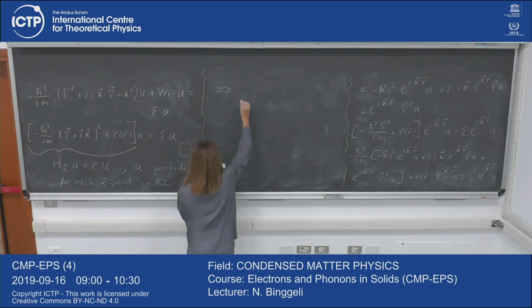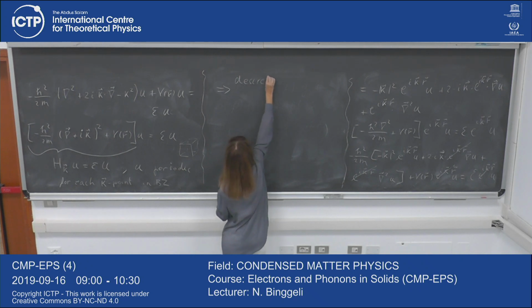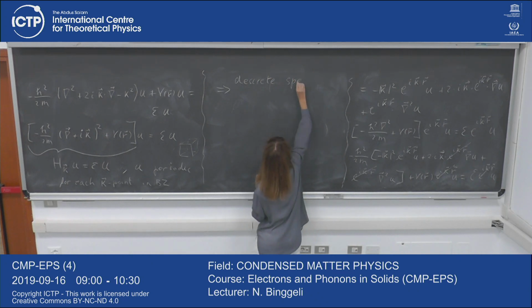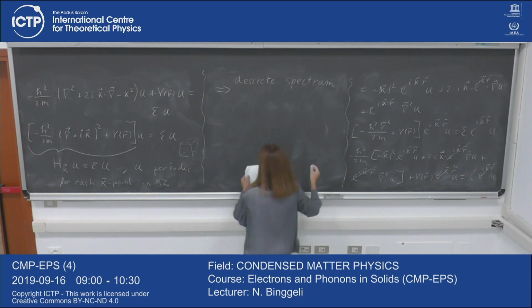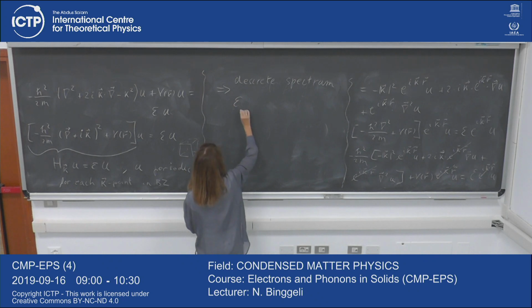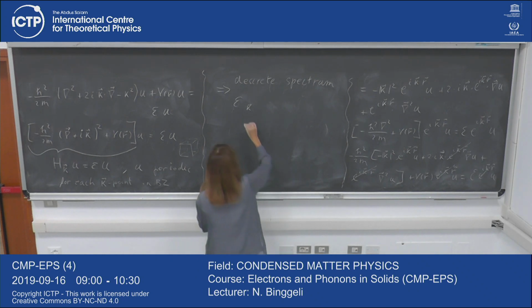And this gives rise to a discrete spectrum. So we are going to obtain eigenstates. k is a good quantum number, so we can use it.